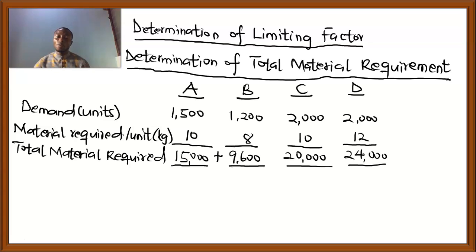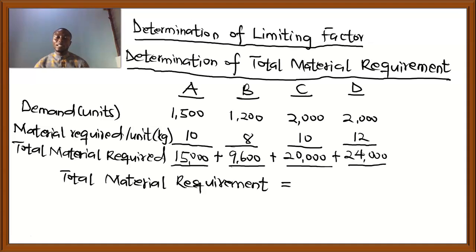So summing up all of them, it means that the total material requirement in respect of all the tables is the summation of the total material requirement for each of the tables.